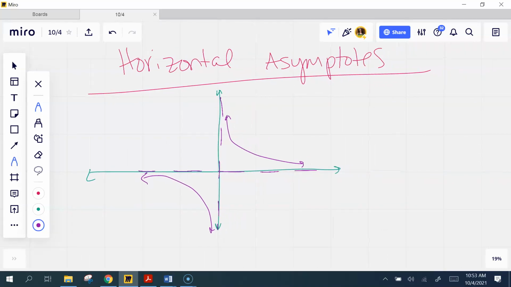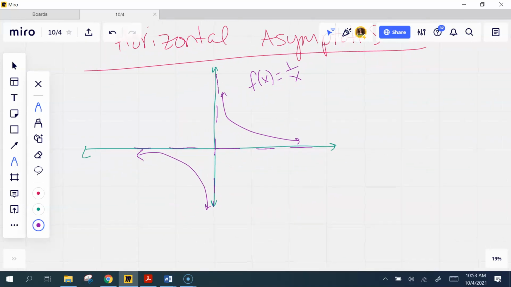What's the difference here? This is f of x equals 1 over x. When I'm talking about horizontal asymptotes, we defined vertical asymptotes. Looking here, I'm not finding the limit as x goes to a number for my asymptote. What am I doing instead?